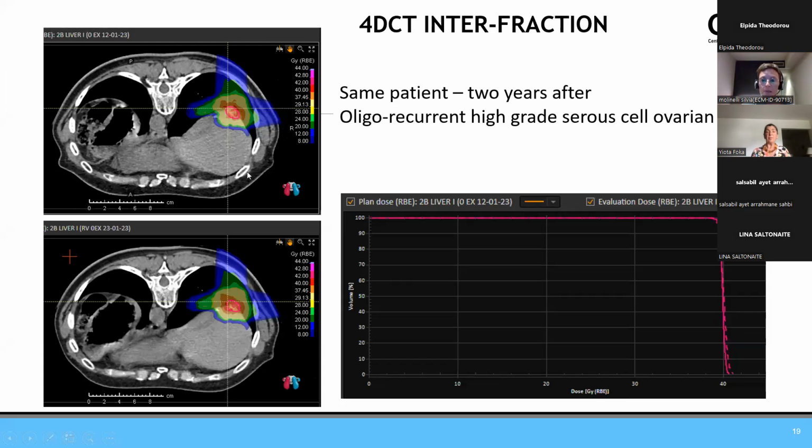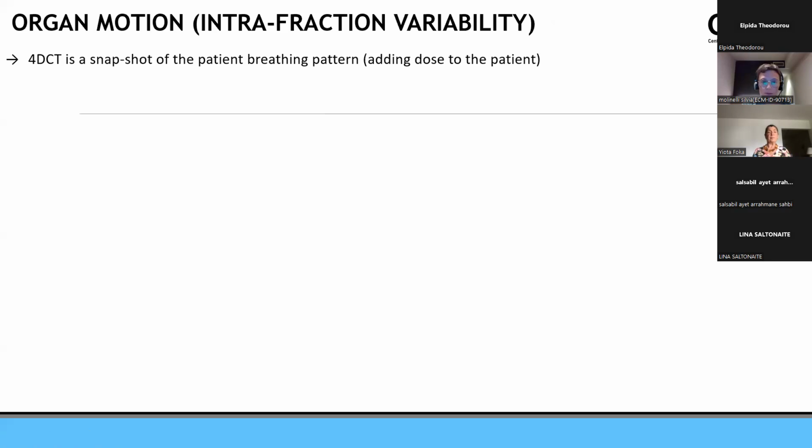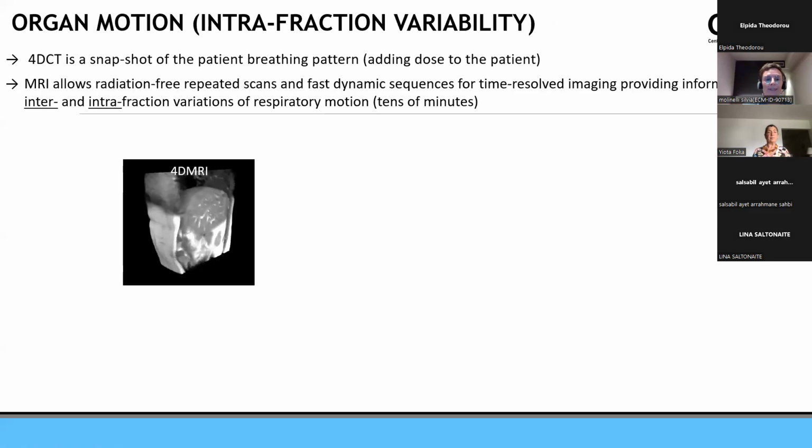This time, the patient was absolutely reproducible. So every time we acquired a 4DCT, this small target on top of the hepatic dome, because the first time I saw it, I thought we would never hit it. But every time she came back and we were checking the patient, the target volume was exactly in the same position.